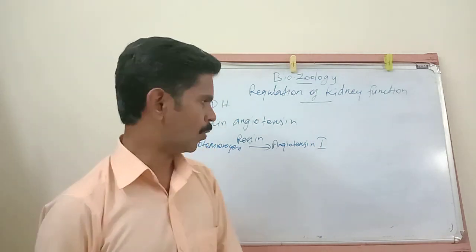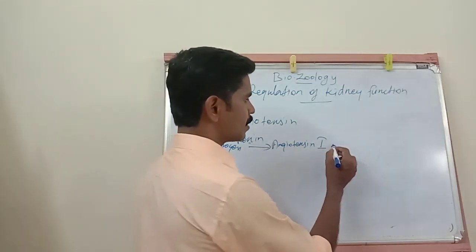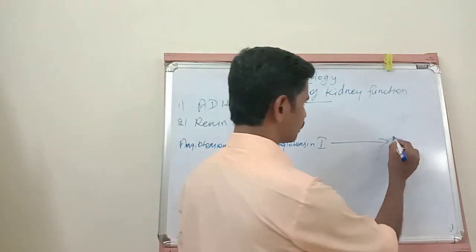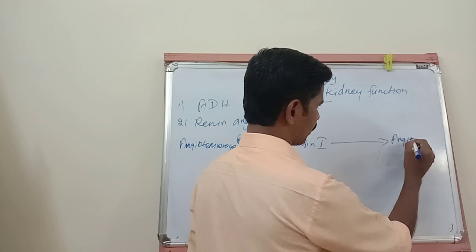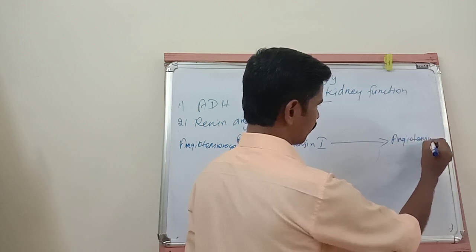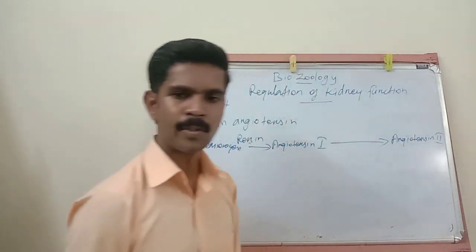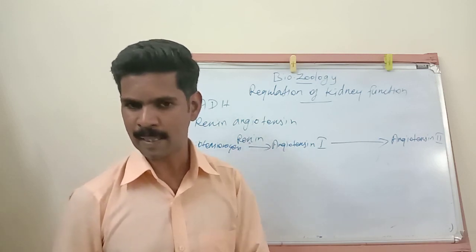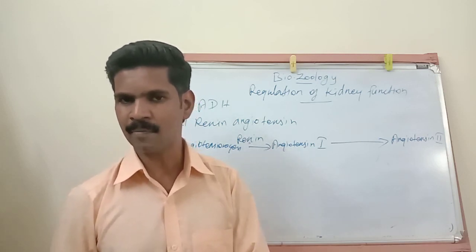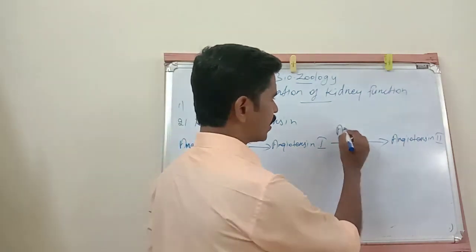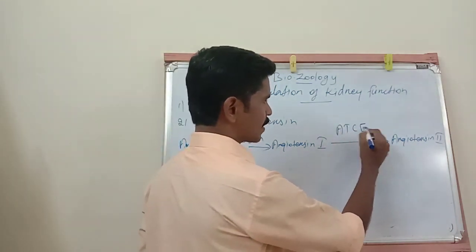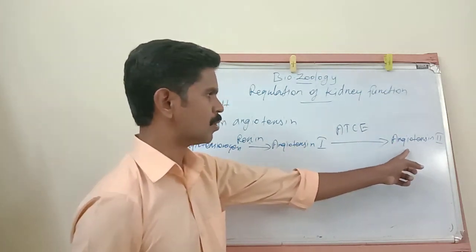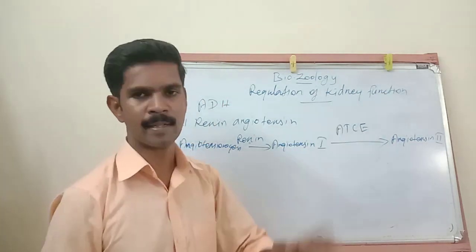Understand? Now this angiotensin 1 is converted into angiotensin 2 with the help of an enzyme called angiotensin converting enzyme. So angiotensin 1 is converted into angiotensin 2 with the help of angiotensin converting enzyme.